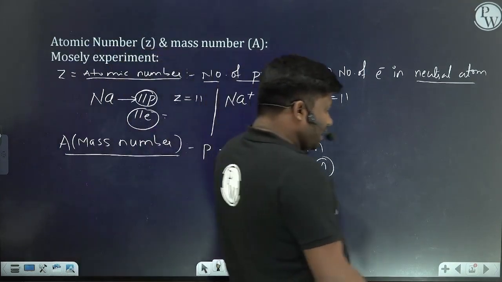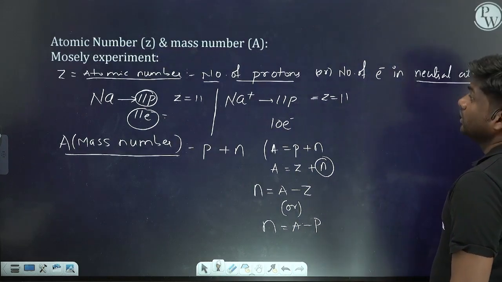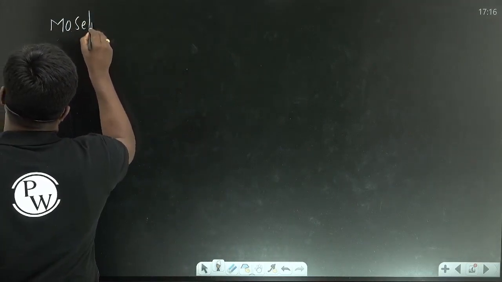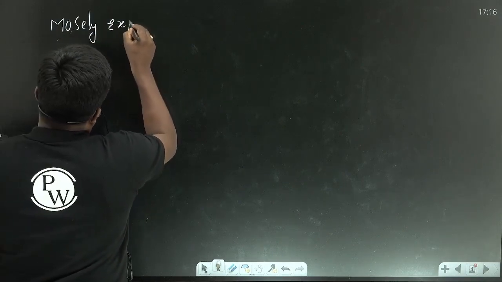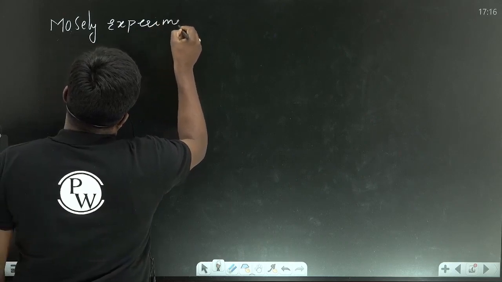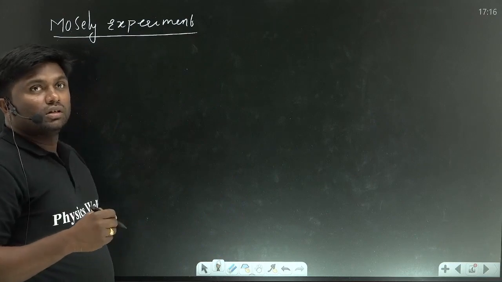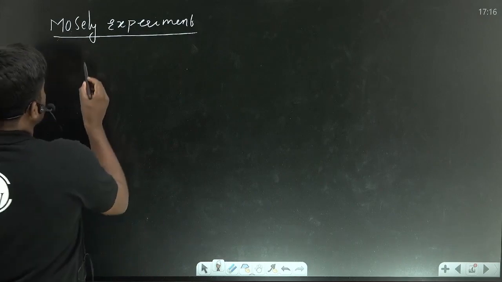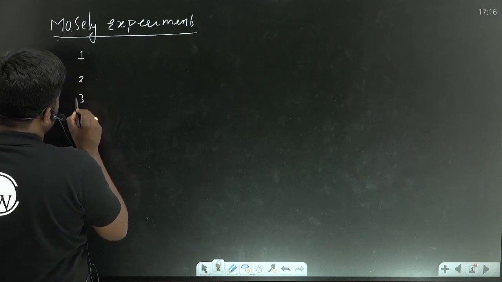Okay, and now the important thing is Moseley's experiment. What Moseley did is, he took some atoms, meaning he took the atomic numbers of some atoms, for example 1, 2, 3, 4.